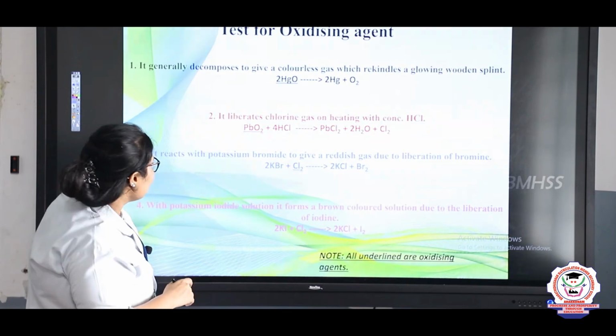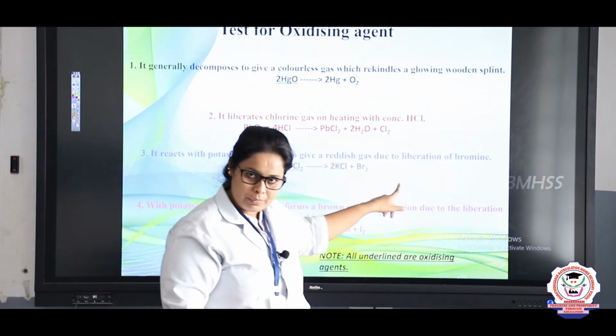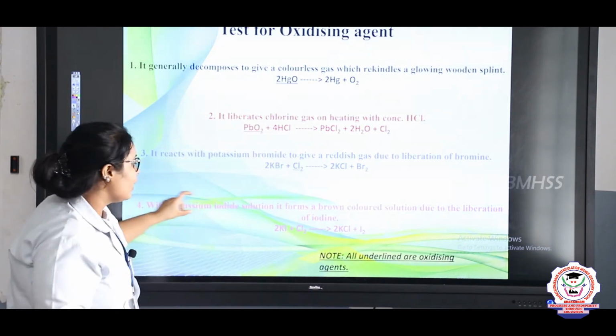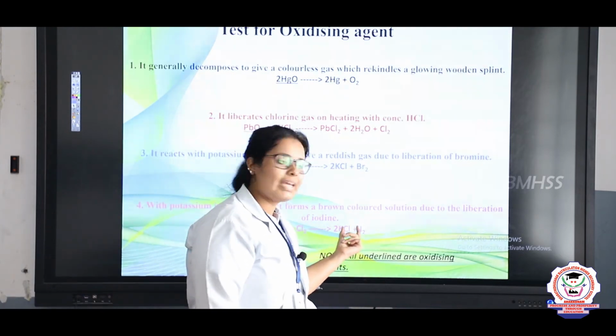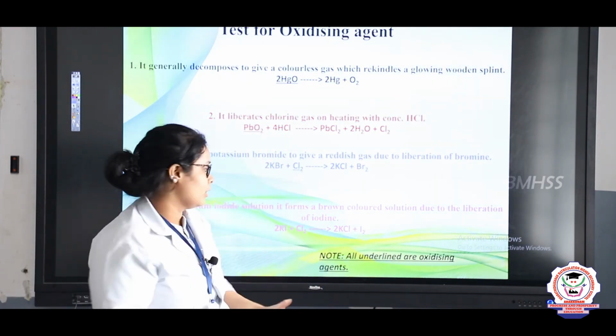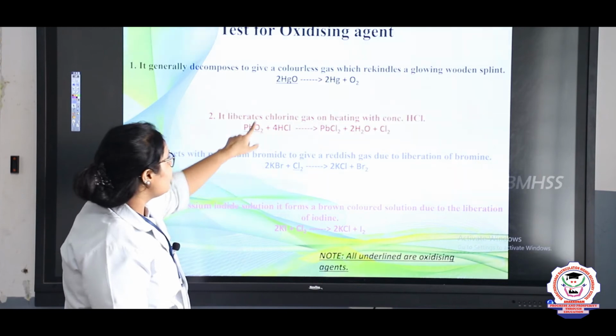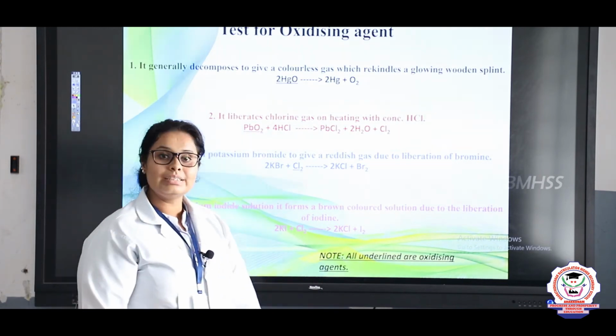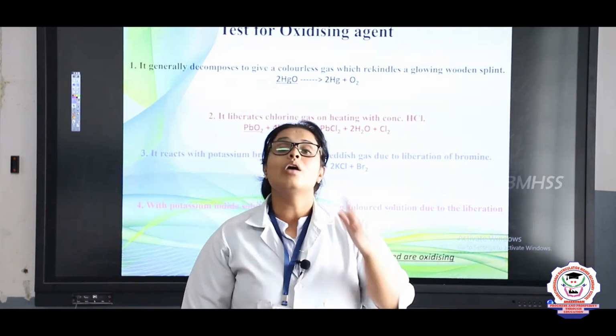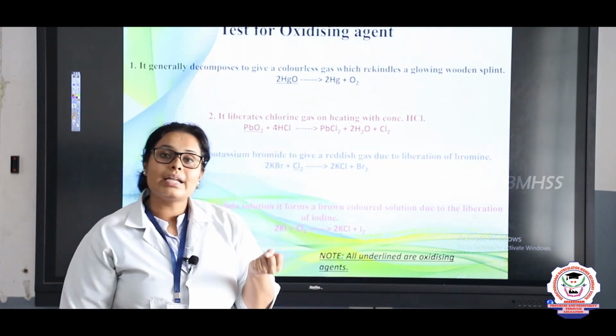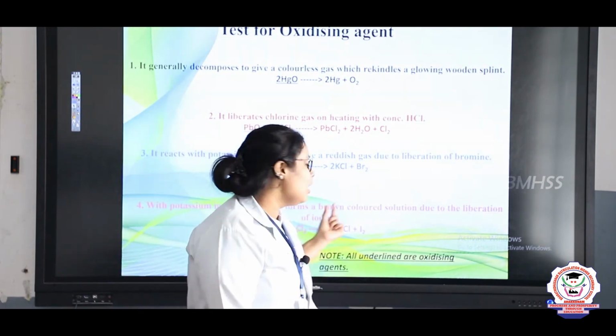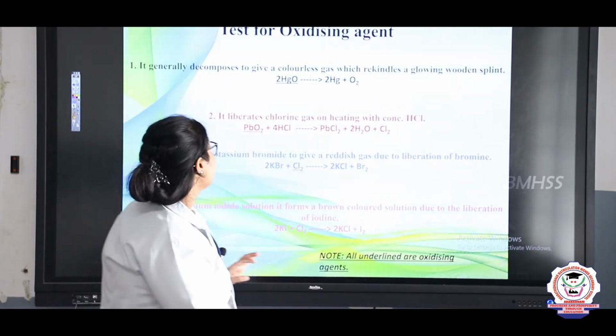And for bromine, it will give bromine gas, and iodine will make the solution of KCl brown. And here, children, whatever is underlined is known as an oxidizing agent. An oxidizing agent is what? It is taking out the hydrogen from that, okay?